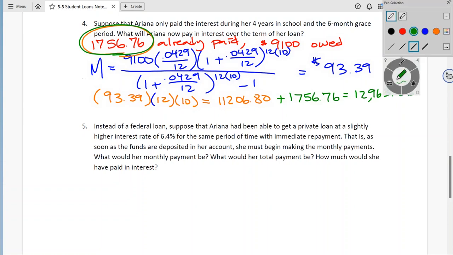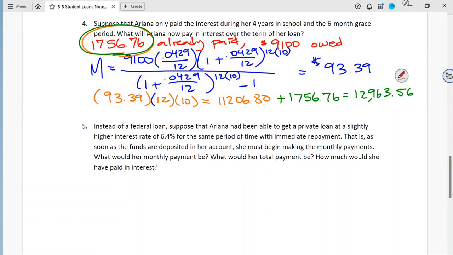Okay, but that's not all interest, right? She did borrow some, and so just like before, we'll take the 12,963.56, and we will subtract off how much she borrowed, $9,100, and that gives us $3,863.56 is how much she paid in interest.